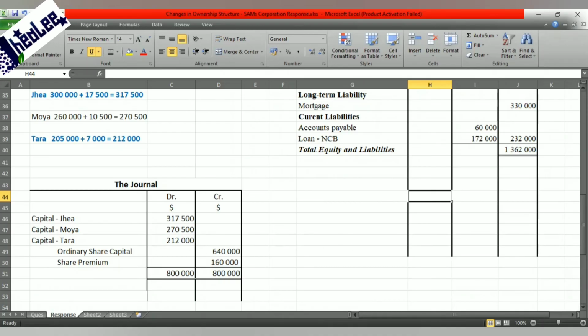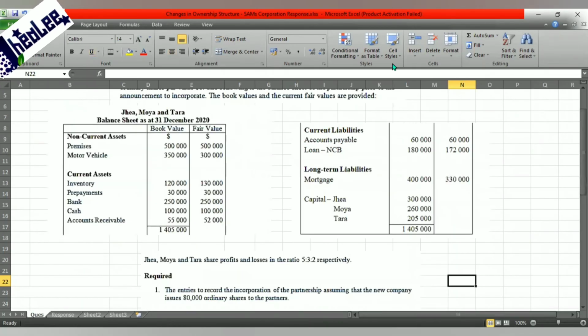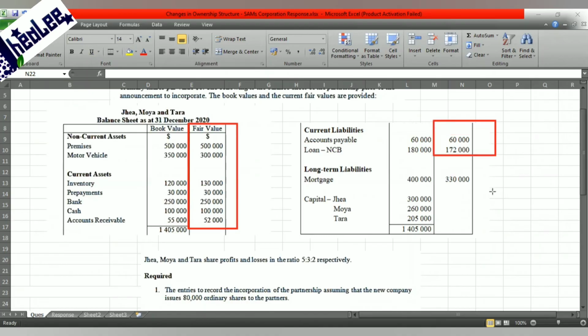After doing that, the fair values from the question, all of these that are highlighted, are used to prepare the opening balance sheet for the new business, which is SAM in this case.